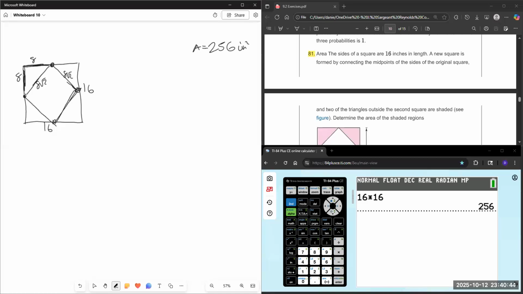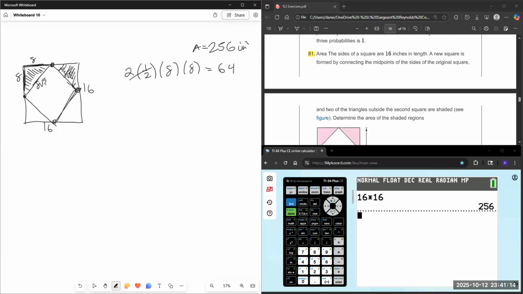So now I want to talk about the area of these upper triangles right here and add them together. So I have 2 times 1/2 times my base times my height for these 2 portions right here, and the 2 and the 1/2 cancel each other out, and I get 64. So that's my first step.